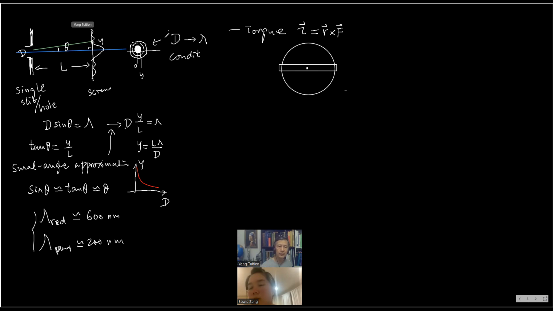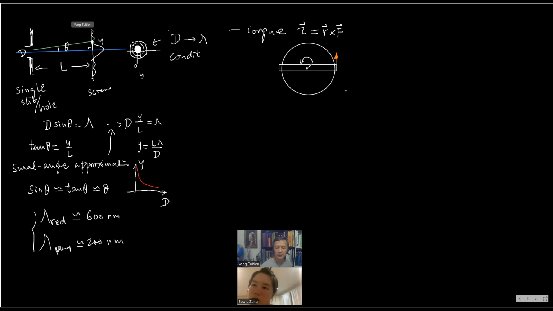If you apply the force here, and this is the center, the axis, the beam can rotate, can you see? Common sense tells you that the object will rotate in this direction, you agree?